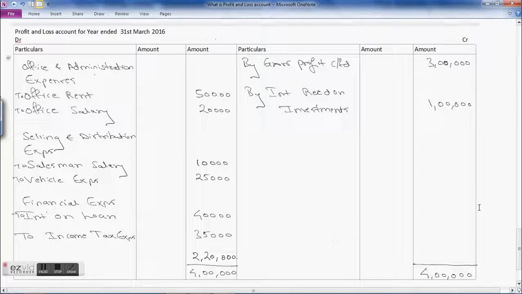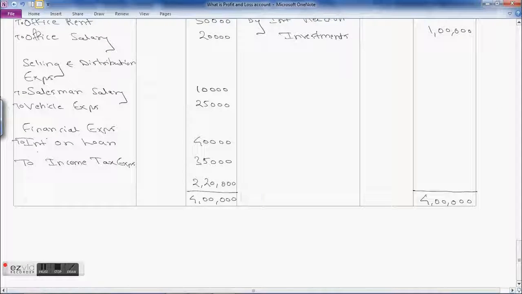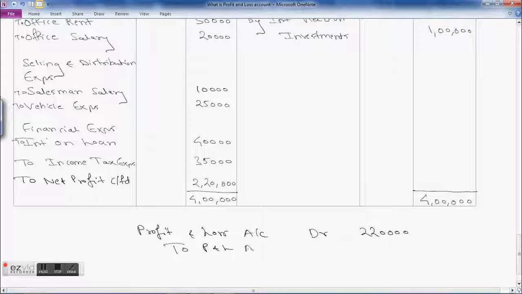Now since credit side total is greater than the debit side, you will have net profit. So to net profit carried forward. Now this net profit will be carried to your profit and loss appropriation account. Your profit and loss is showing a credit balance, so your entry will be profit and loss account debit 2,20,000 to profit and loss appropriation account 2,20,000.